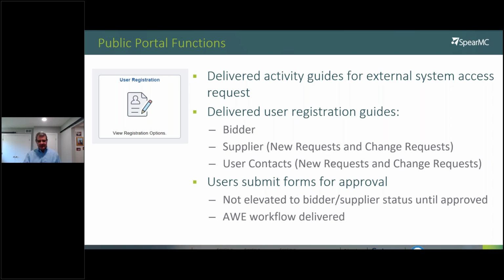Now, I probably should have mentioned that every one of these is a request, and it's only a request until someone internal to your organization evaluates the request and approves it. The AWE is enforced. Approval workflow engine is set up, delivered, and someone has to evaluate and approve every request that's out there.